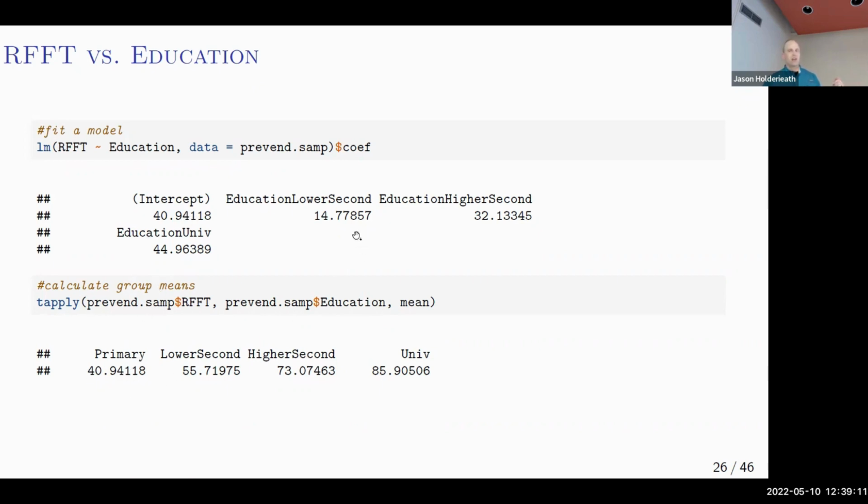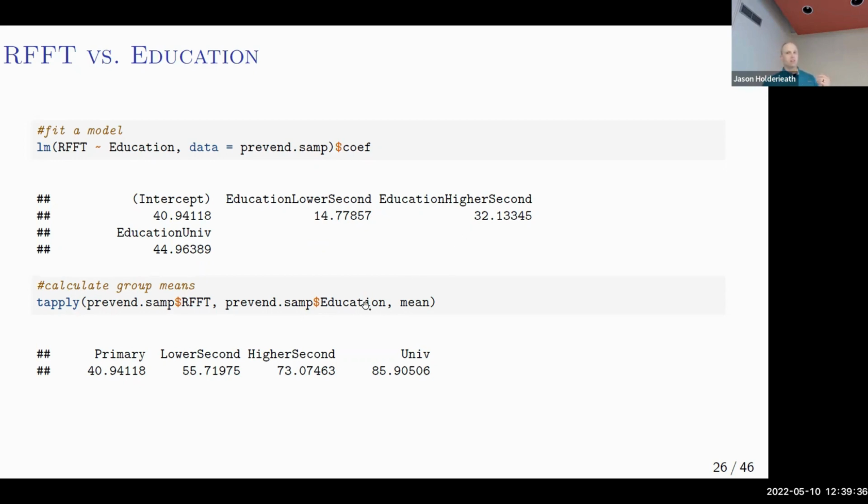If somebody had a lower secondary education, there would be a 1 in this data point or this row, and that would mean that they're going to have a 40.94 plus 14.77 mean score, or 55.71.